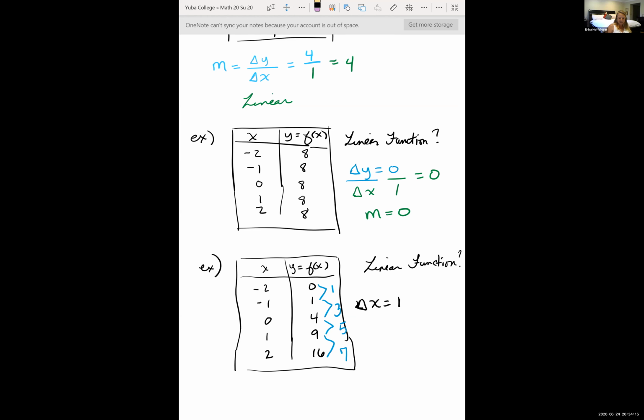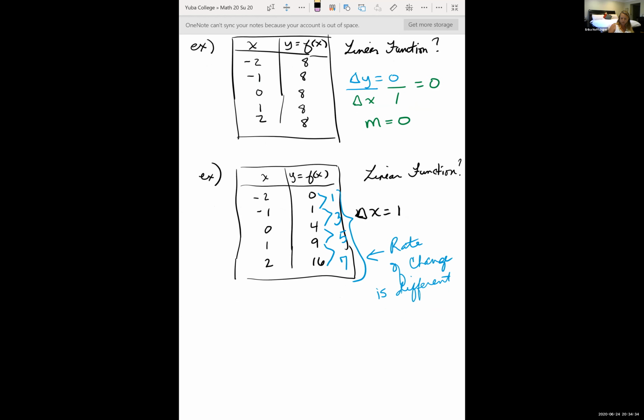They're not changing at the same rate. So we can say that it's not a linear function.